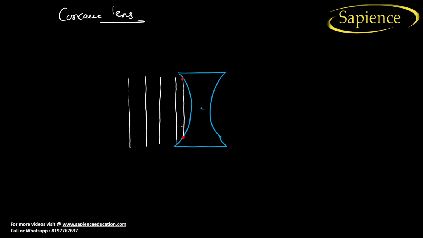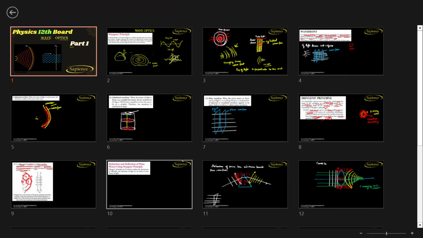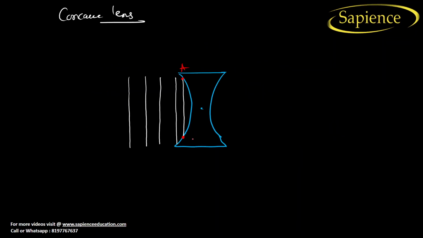So these are the wavefronts. Let us consider this is your A. This is your B, and this is your C. Now when it creates a disturbance like this, it will also create a disturbance like this.